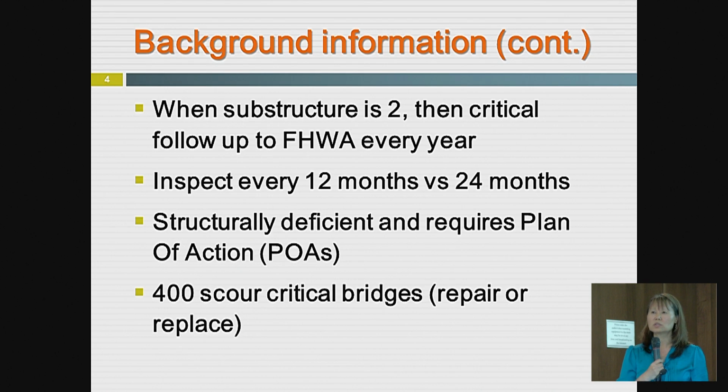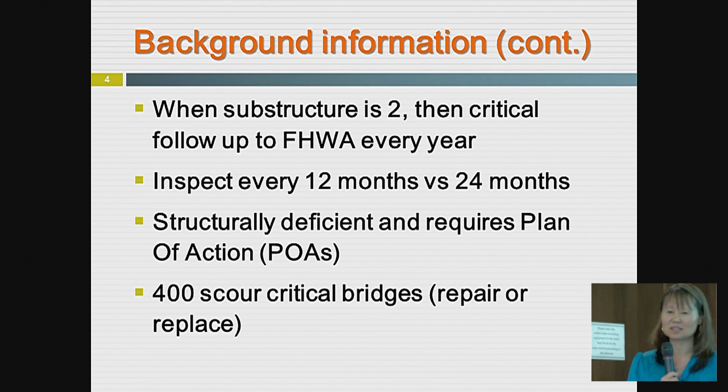And then of course we have to do a critical follow-up every year, so it becomes much more work for everybody involved. And then of course, if you are scour 2, then you have to do a plan of action, which I don't know if you remember. I did most of that for you. Hope that you have them and remember it.